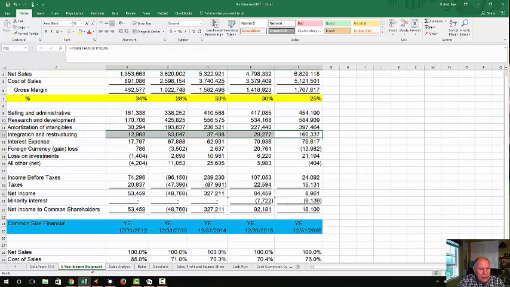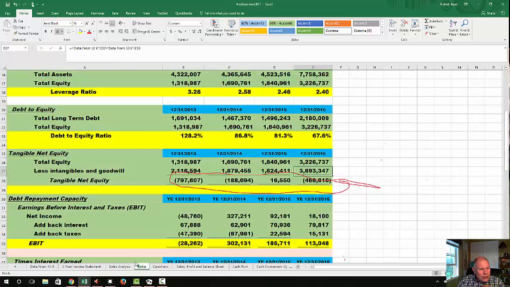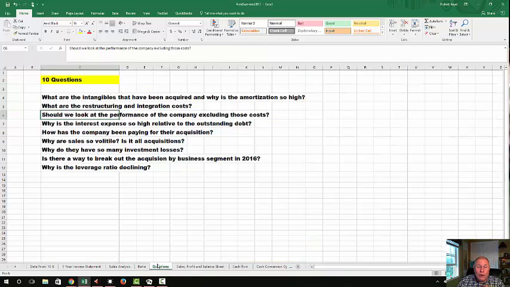I'm also looking at the interest expense, $79 million. But now when I went over to the ratio, I'm looking at the debt. Okay, there's my total long-term debt. It's $2 billion. That seems fairly high. So I'd want to look at that. How has the company been paying for their acquisitions?